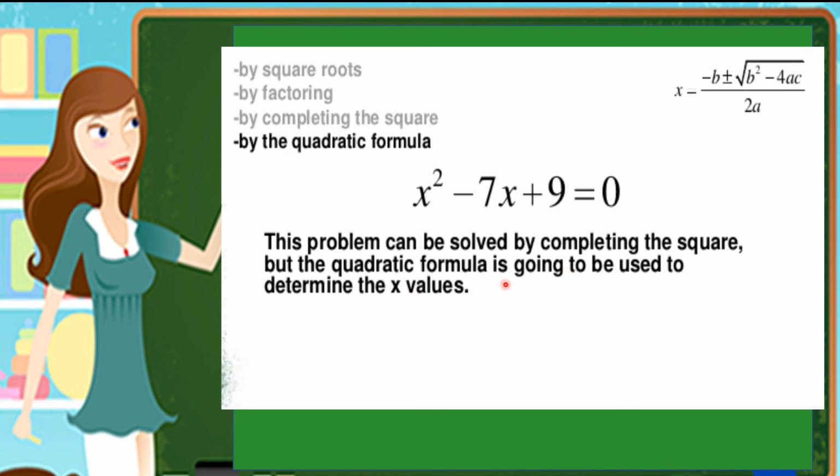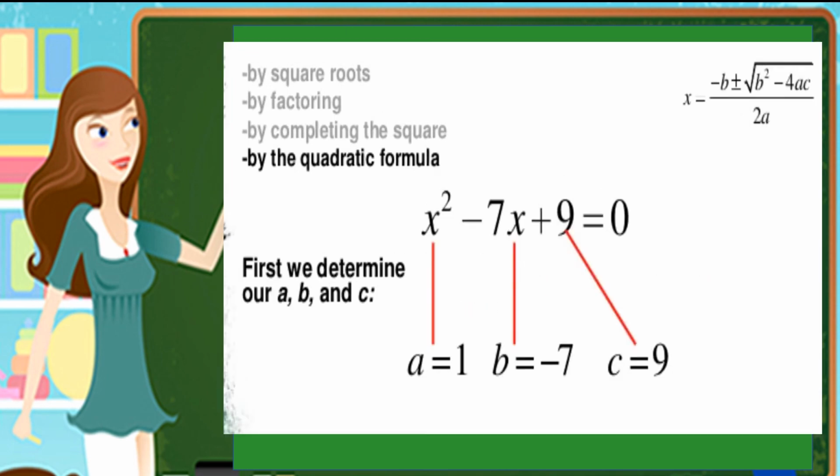Pero, try natin gamitin ang quadratic formula. So, quadratic formula is going to be used to determine the value of x. Okay, try natin. So, first, we need to identify the value of A, B, and C. So, ang A natin ay 1, ang B natin ay -7, at ang C natin ay 9. Make sure na ito ay naka-standard form. Ito ay naka-standard form na, which is ax squared plus bx plus c equals 0.